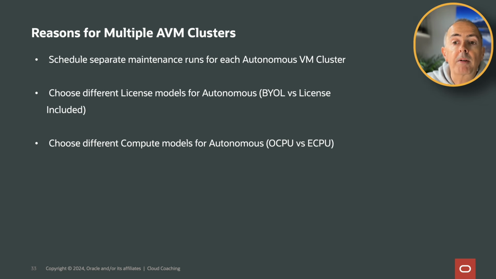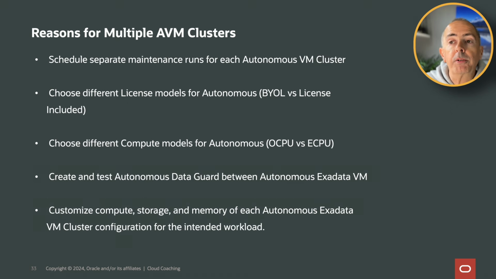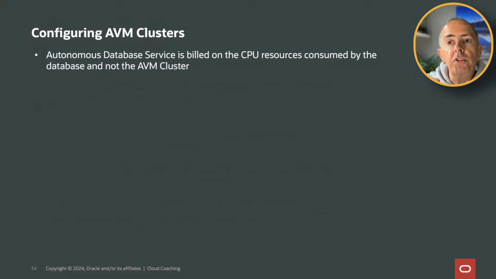So different AVM clusters could have different compute models. Also, you may want to create and test Data Guard between AVMs, and this is a nice way of testing that. Now, the important difference with autonomous VM clusters is that the database service is built on the CPU resources consumed by the database and not the AVM cluster.